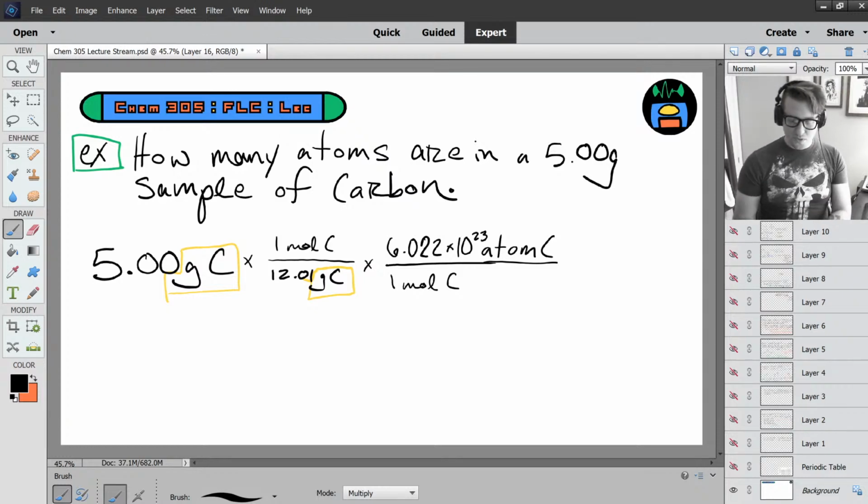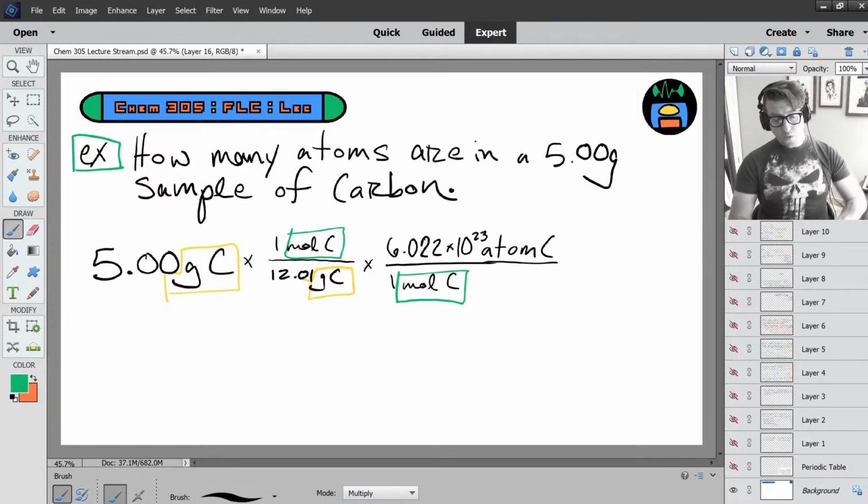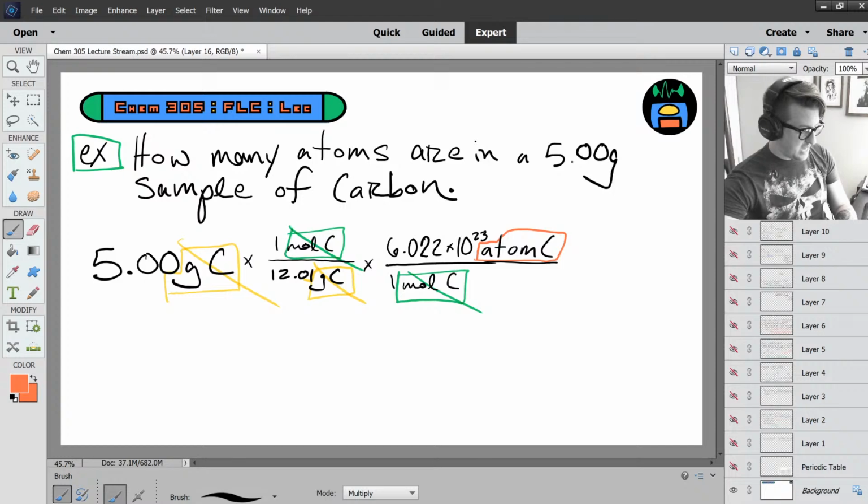Okay. Now, if you look at where we position things, moles of carbon cancel moles of carbon, grams of carbon cancel grams of carbon, and the only unit left is atoms of carbon.